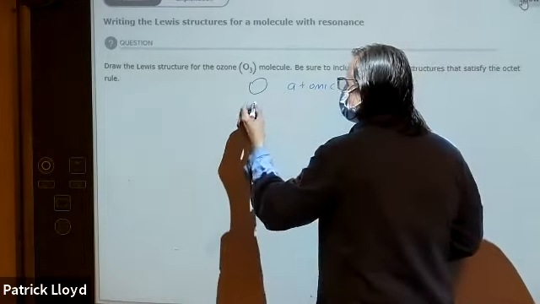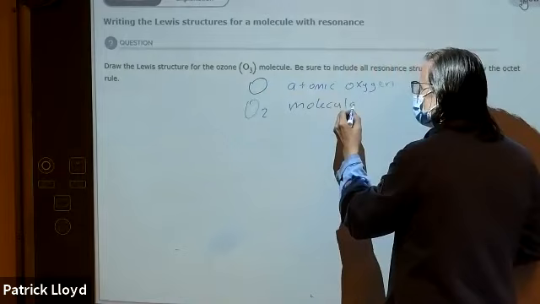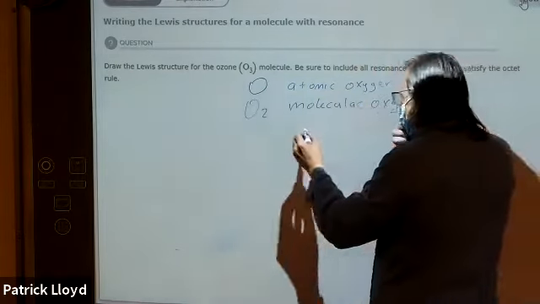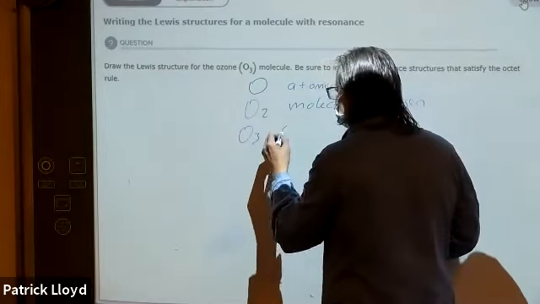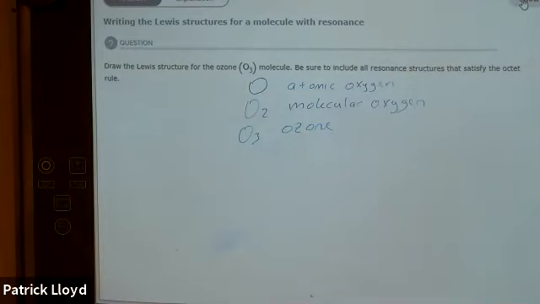When you have O2, this is referred to as molecular oxygen. It's a molecule. And then O3 is referred to as ozone. People have studied the idea of O4. Right? So there are some calculations and measurements people have done before.